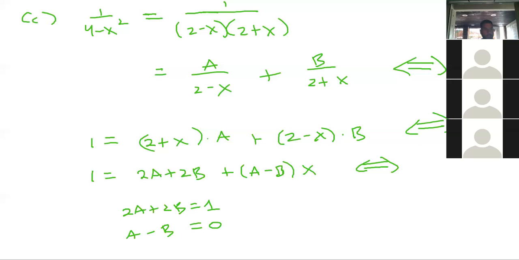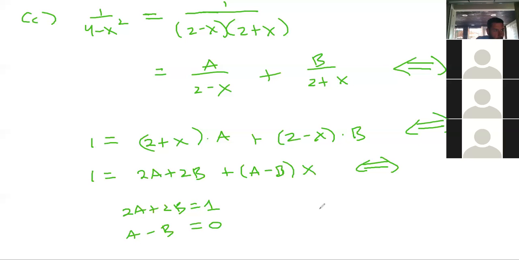And so this tells us A and B, excuse me, let me be a little more careful. What does this tell you about A and B? Well, it tells you that A and B have to be the same number. That's the only way it can work. And then what number do they have to be? Well, if A and B are the same, from the top equation, you get that they have to both be 1/4.